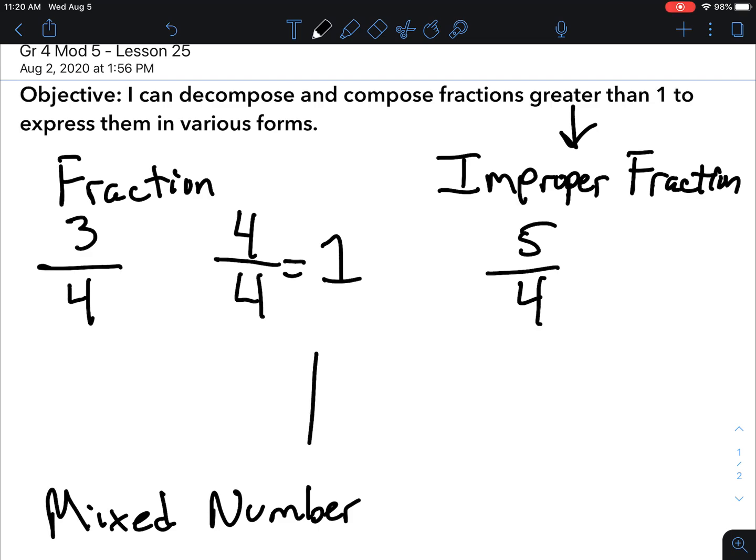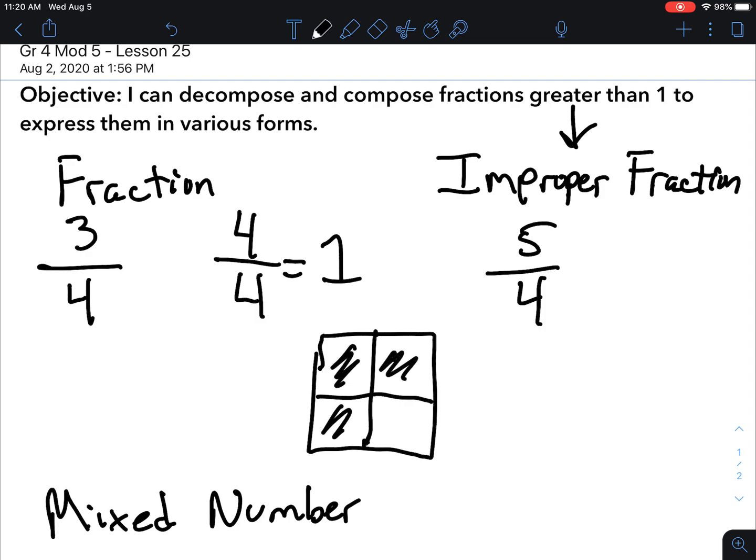So let's say, I'm going to make a square pizza just because it's easier. So let's say you have a pizza and you're hungry and you eat 3 pieces, right? You ate 3/4. But now you have another piece, so you ate the whole pizza. But wait, you're still hungry.